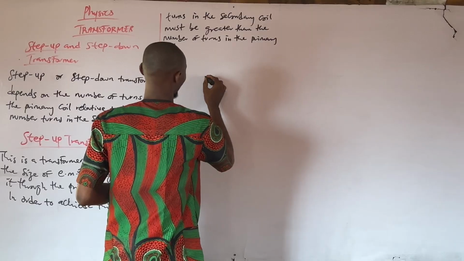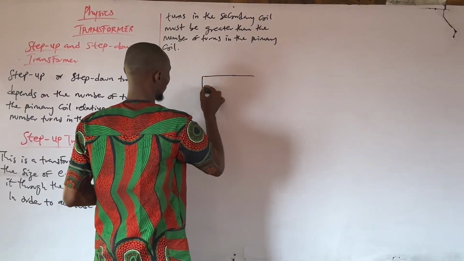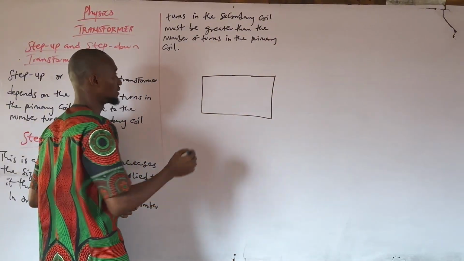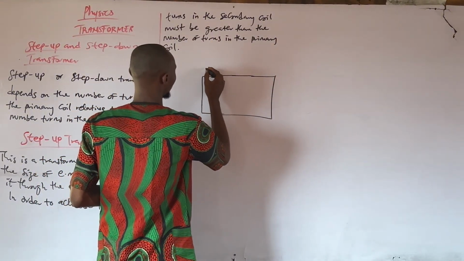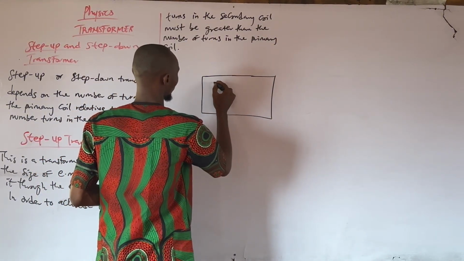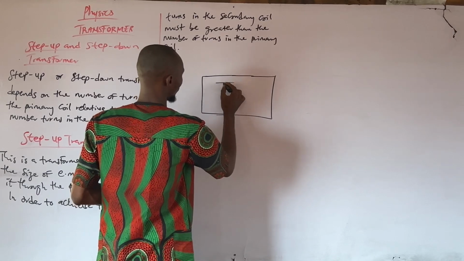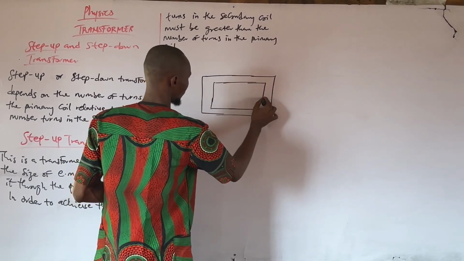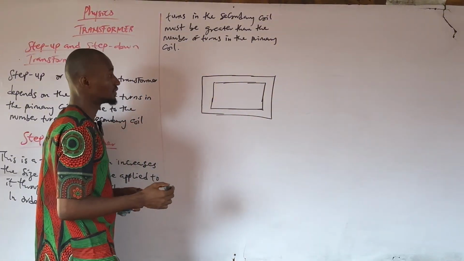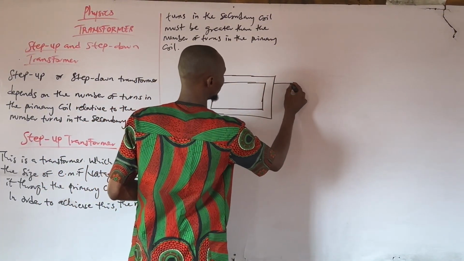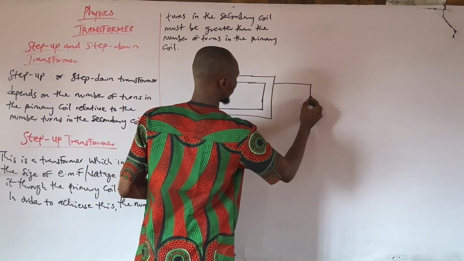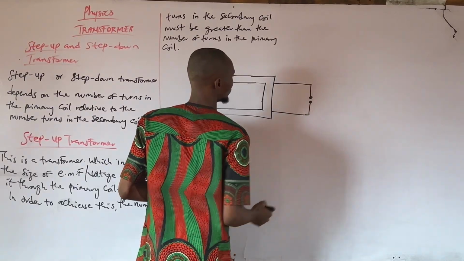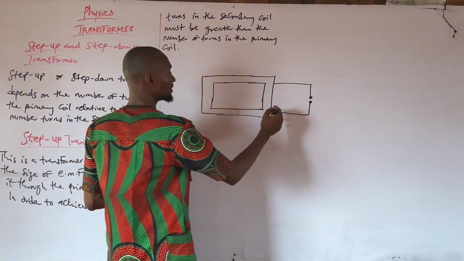Look up. This is a transformer. Now we have something like this. So here we have something like this.